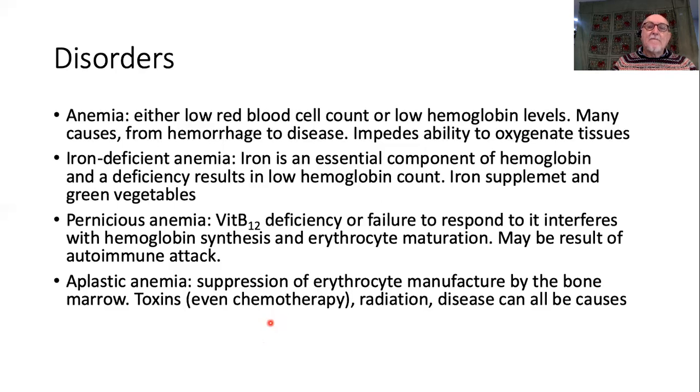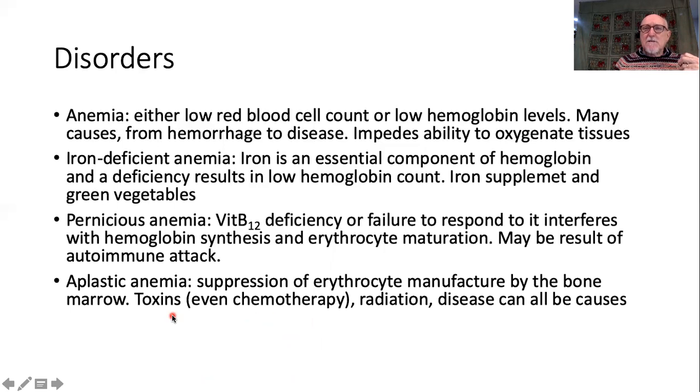But one situation where you do see this arising is in people who are being treated, for example, for cancers or something like that, with chemotherapy, with very toxic agents which are intended to kill the cancer cells. And as a byproduct of that, the red bone marrow is attacked and aplastic anemia results.